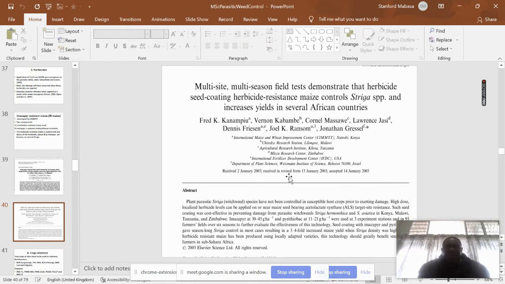So experiments were pooled from various countries in multi-site, multi-season field tests that demonstrate that herbicide seed coating, herbicide-resistant maize, controls Striga species and increases yields in several African countries.